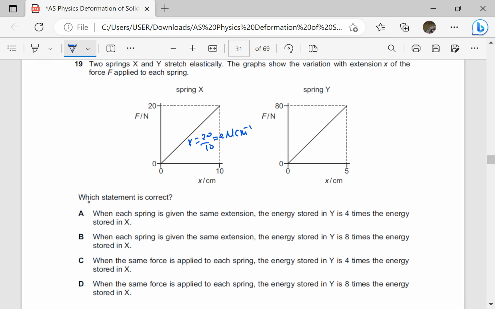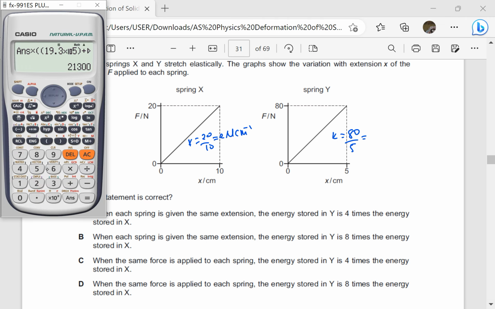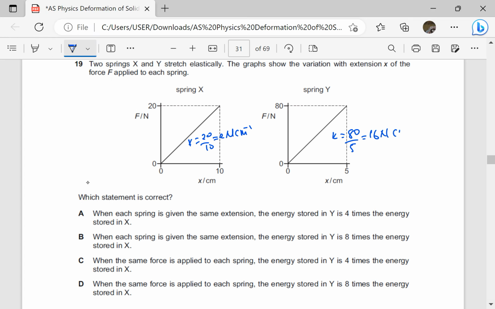And here K is going to be equal to 80 over 5, which will be 16 newtons per centimeter. When each spring is given the same extension, energy stored in Y is 4 times the energy stored in X. Let's inspect that.